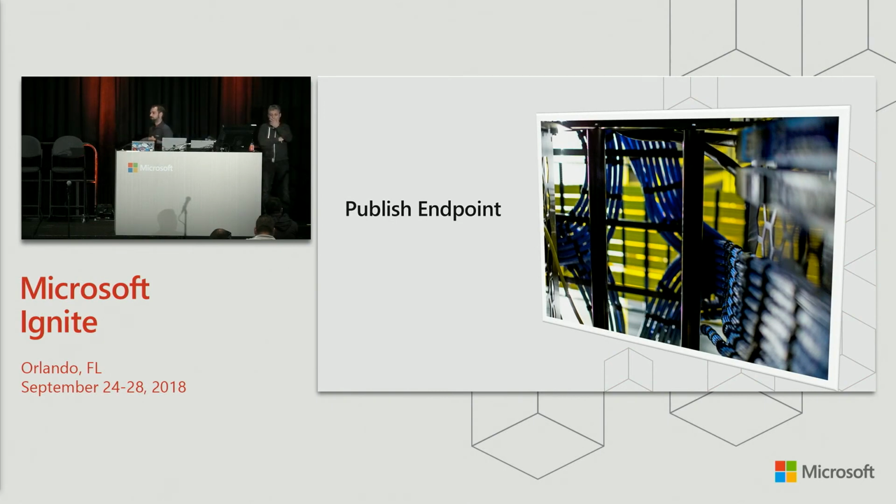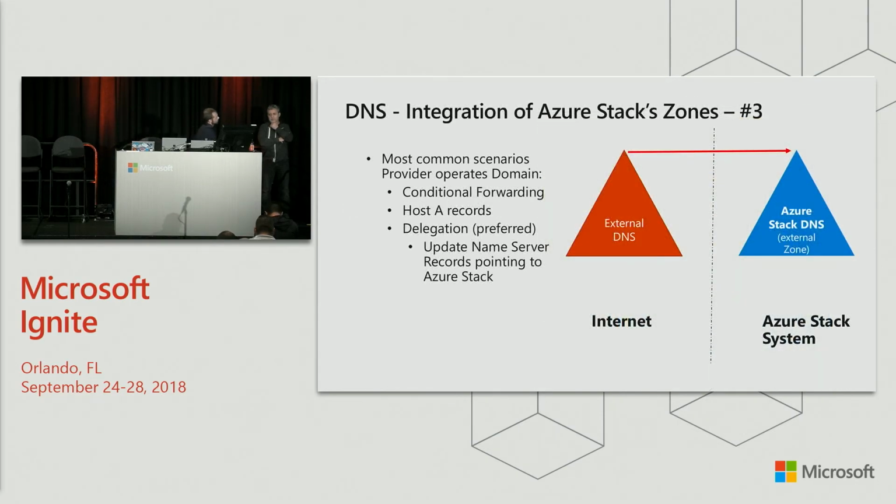Now, once you've configured your identity integration, the next step is thinking about inbound communication. How do I publish my endpoints? Again, let's first start by thinking about how to configure DNS integration. Now, the external DNS zone, again, this can be your corporate DNS, but this can also be hosted externally to your company.